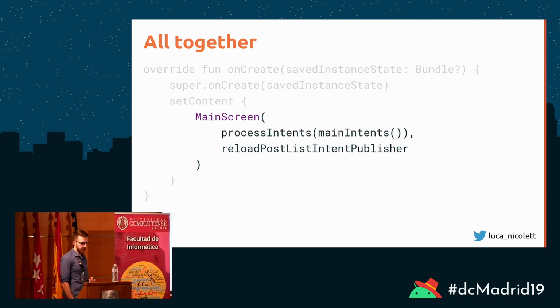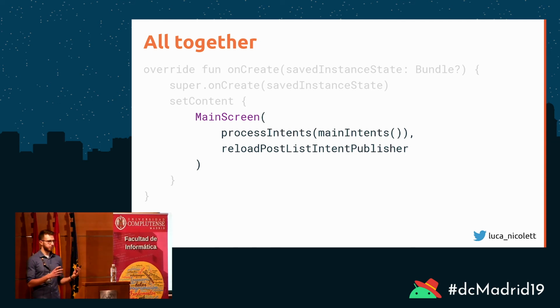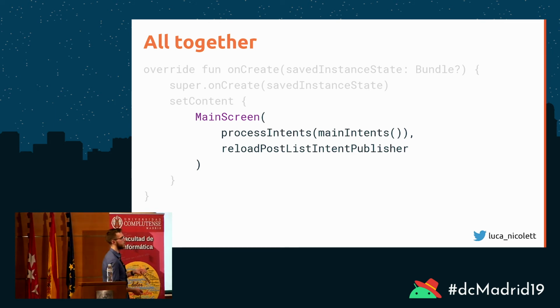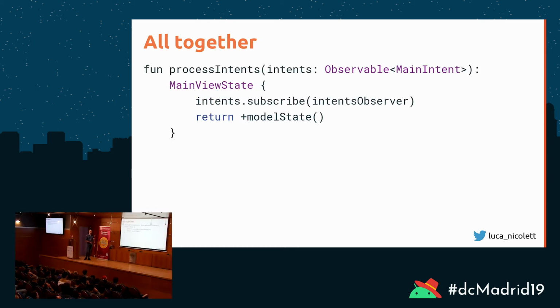And then we have our composable function, which represents our main screen, that accepts some processed intents, and the publisher. If you have some buttons in that screen, you can then produce new intents by pushing them in this intent publisher.